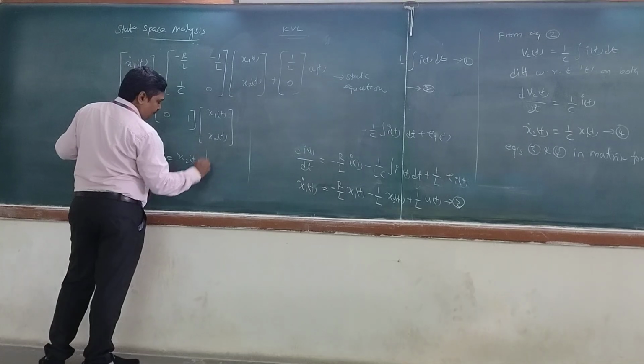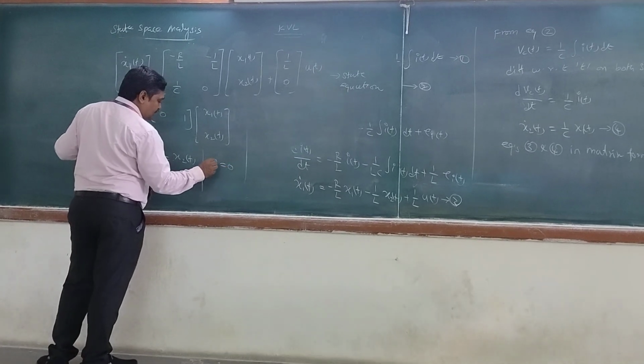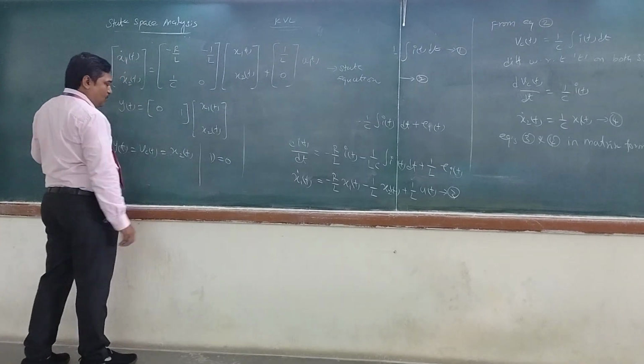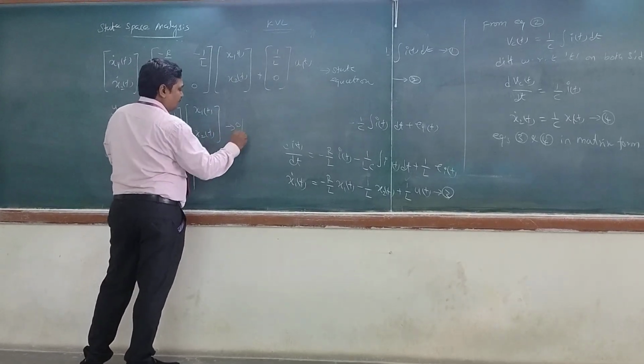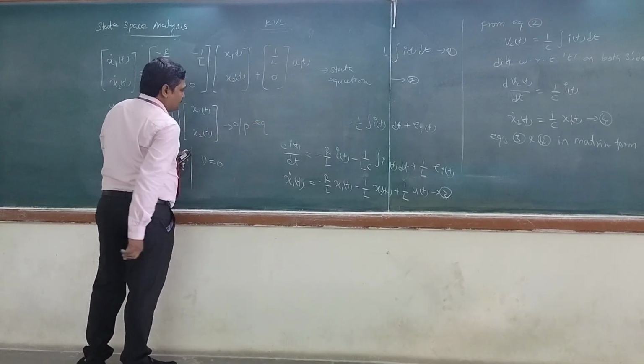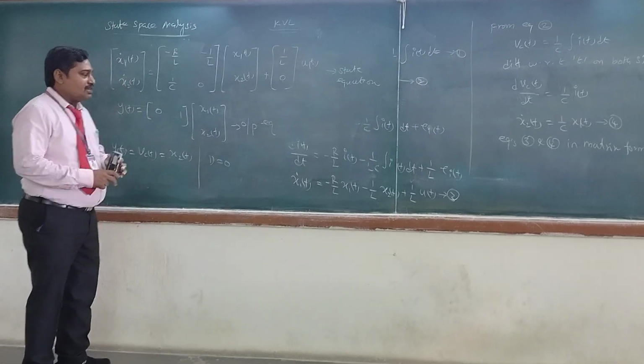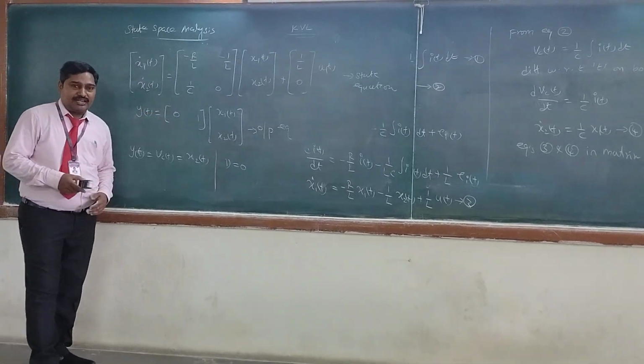Generally the transmission matrix D is 0. So this is the output equation. The state equation and output equation give the state-based model of the given electrical network.